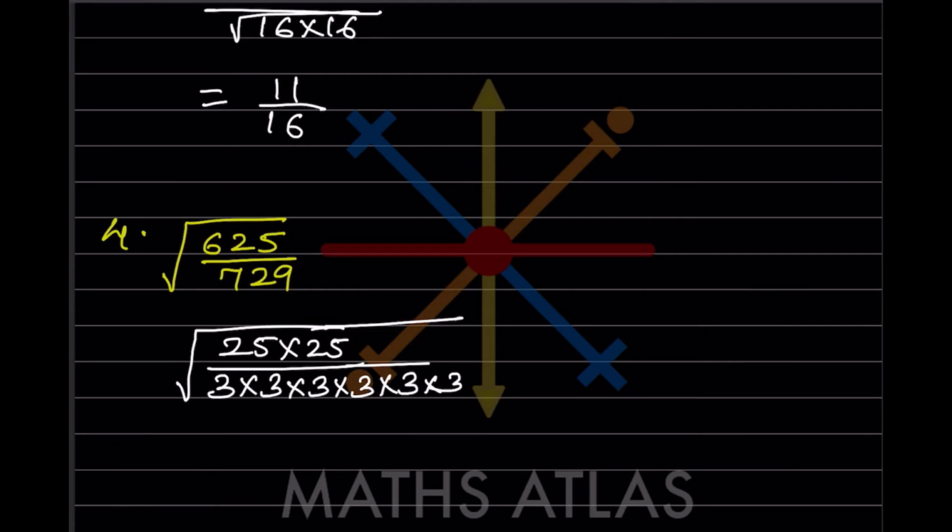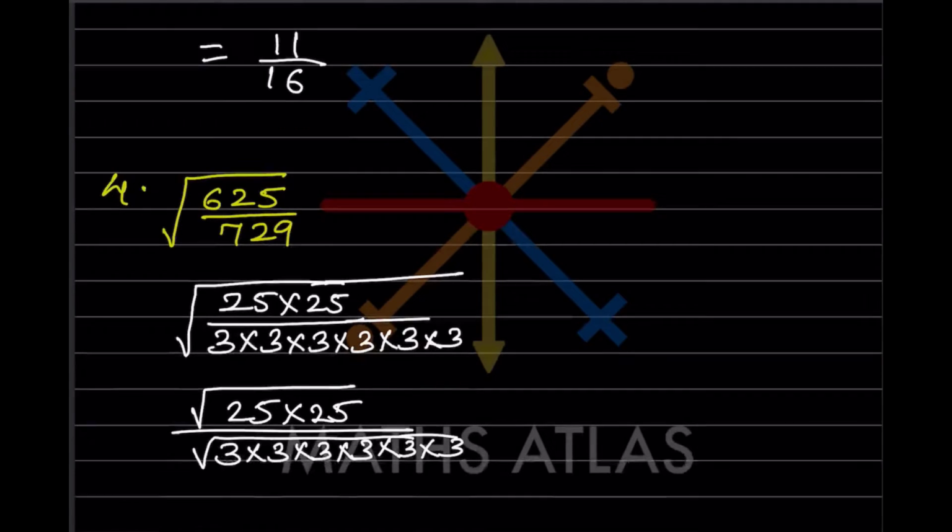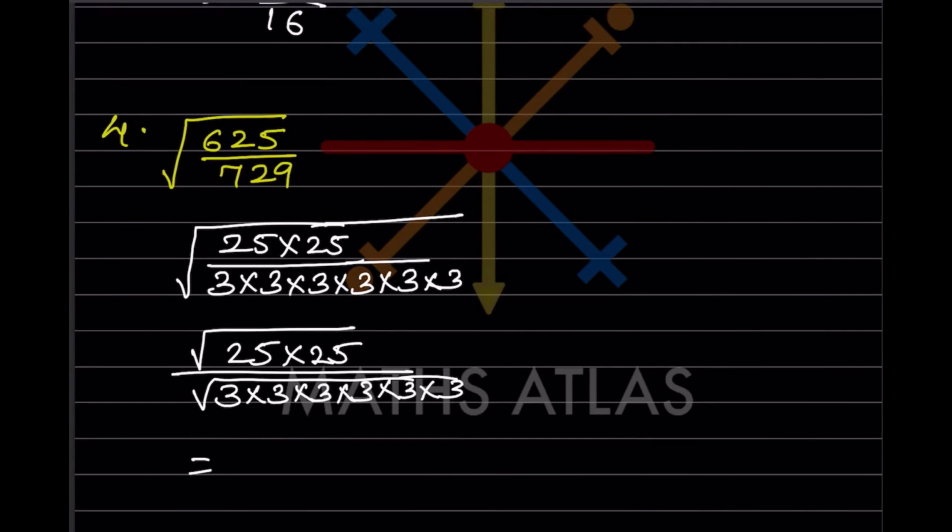So you can do the factorization over here. Now we can separate the numerator and the denominator, the root of that. So this is going to be 25 divided by, when you group it, this will be 3, this will be 3, and this is going to be 3. That is going to be 27.